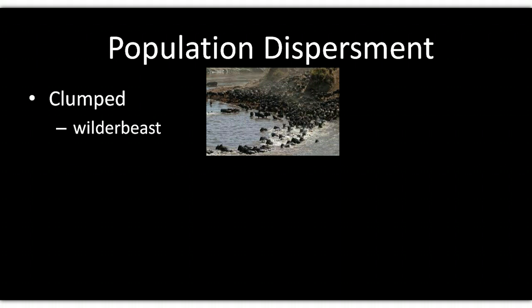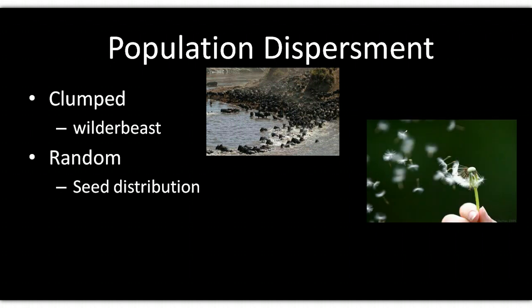They tend to all herd because there's safety in numbers, because they are many times being hunted by some other predator in the location. So there's safety in being close to the herd. The next one would be random, which is typically how we find trees in a forest, or in this example, seeds from a dandelion. They just fall where they may, so you don't know where you're going to find them.